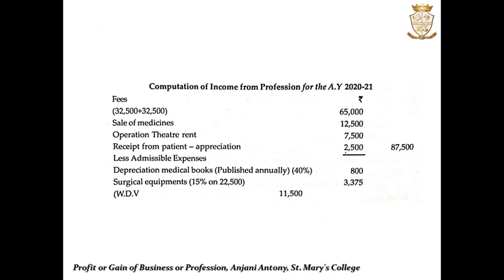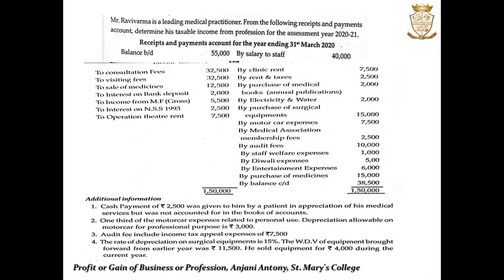So for finding income from profession, we need to find all incomes. Then after that, we need to deduct expenses allowable from this income. So going back to the question, we can find what the incomes are. Consultation fees is income, visiting fees is income, sale of medicines is also income.